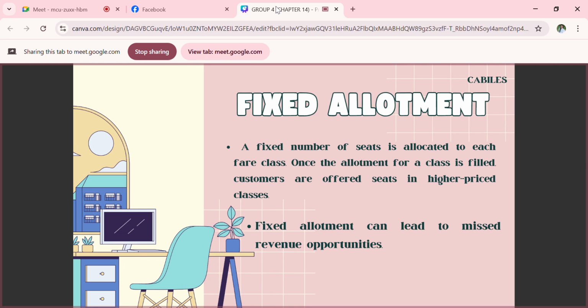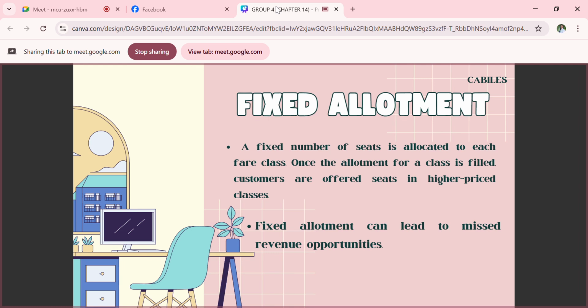For example, consider a flight with three fare classes: economy, business, and first class. A fixed number of seats is allocated to each class. Once economy is full, customers are offered seats in business or first class.